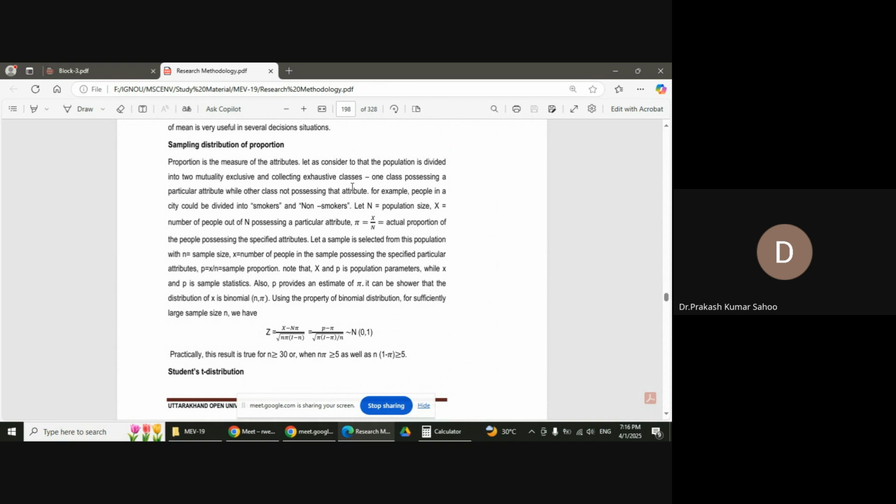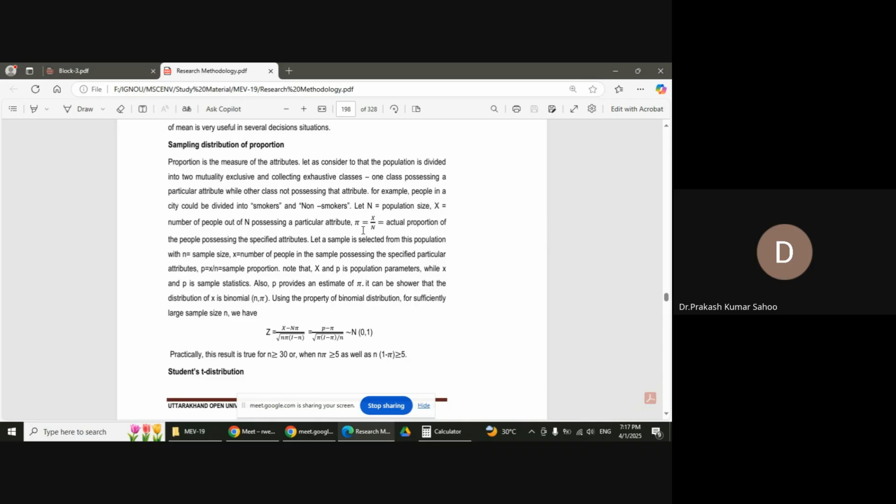So we have two classes, one is smoker and one is non-smoker. Let n be the total population size, and x the number of people out of n possessing a particular attribute. That means x may be the number of smokers or non-smokers.